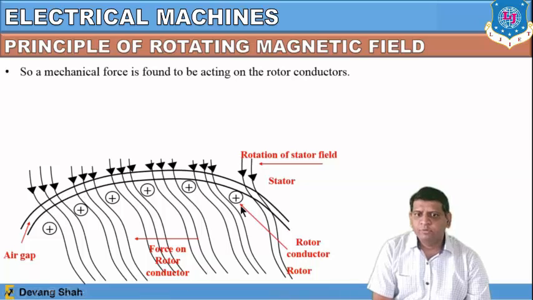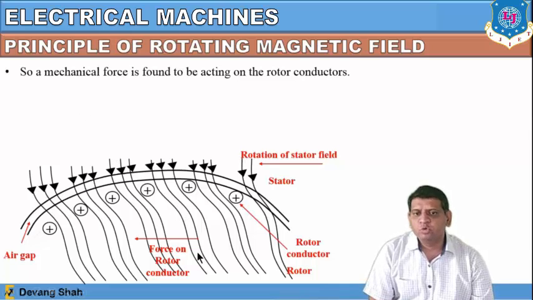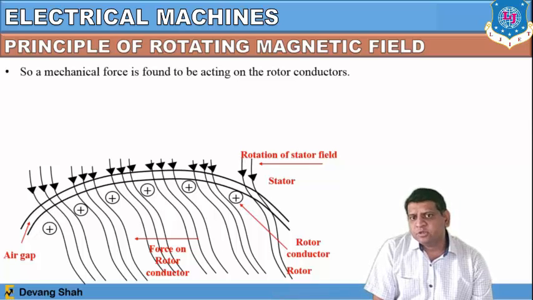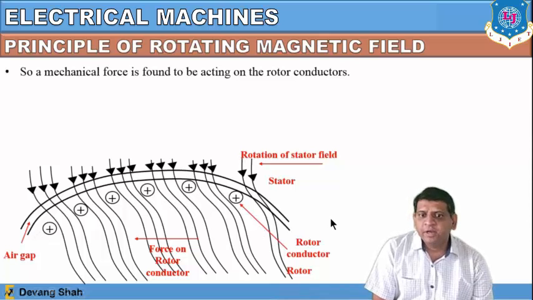Here the mechanical force is generated because the stator has the rotating magnetic field, and current flows in the rotor. Due to this, a force is exerted because of the interaction of the two magnetic poles, the stator rotating magnetic field and the rotor field.